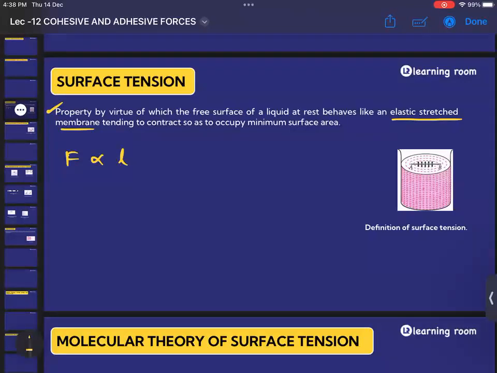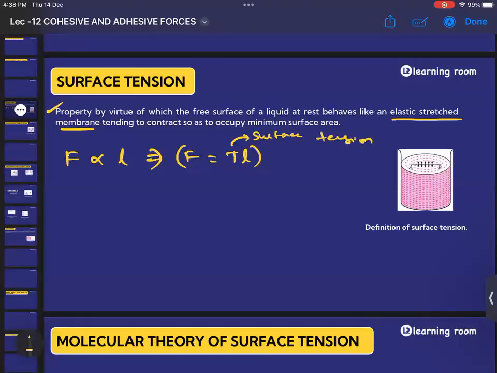If I remove the proportionality symbol, the constant that I introduce is small t, and this t is what is called surface tension.